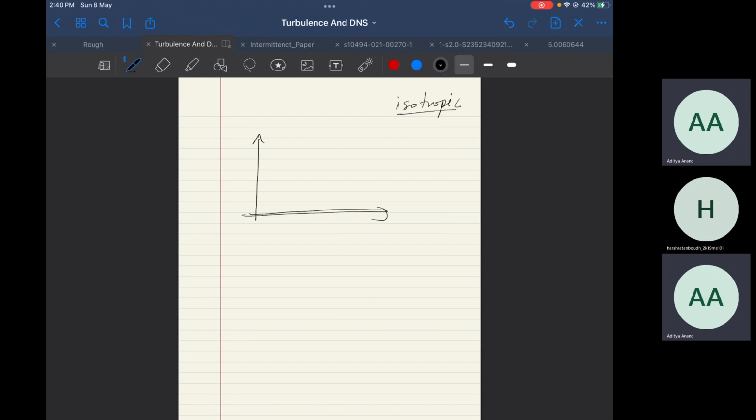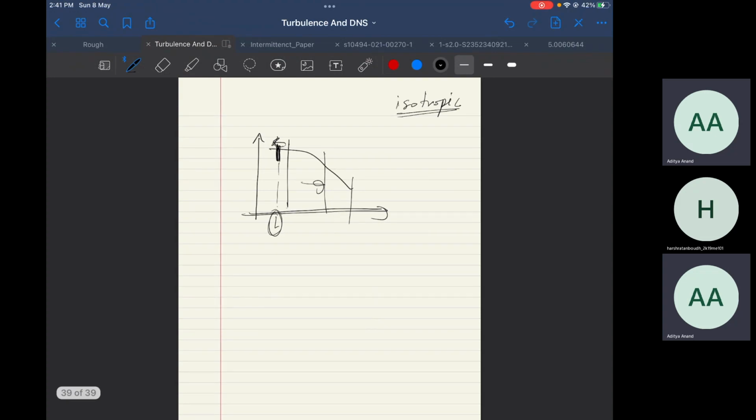That is, there is no directional preference there. However, there can be directional preference at large scales. So what happens is, let's say these are your large scales, inertial range, and your dissipation range. The assumption of locality says that any given scale cannot directly interact with a scale very much smaller than itself.